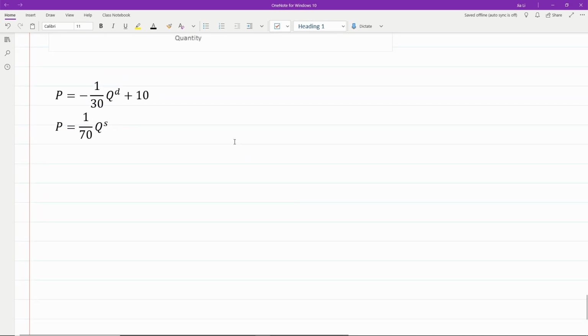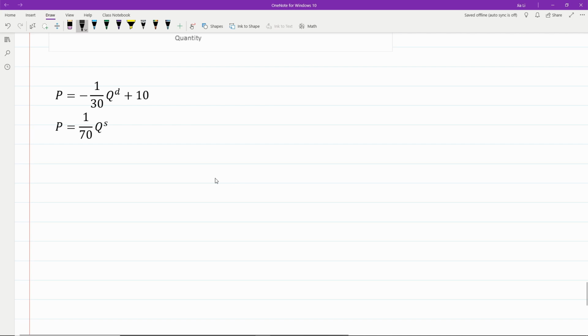Okay, so how do we analyze this mathematically? How do we know what the equilibrium is when looking at just the math? Now, it's fortunately pretty simple, but it does require a bit of algebra.